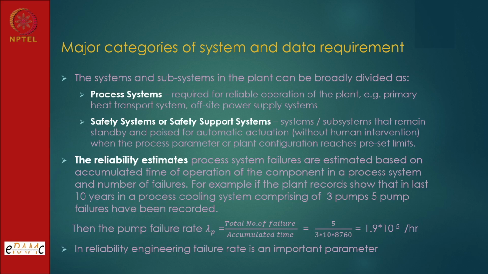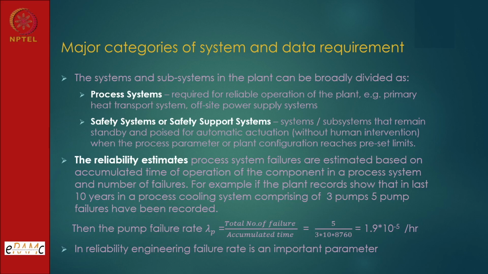There is a parameter called failure rate, and the notation is lambda. So I'll say lambda pump, P, that is the pump failure rate. How will I derive this information? From the total number of failures and the period of data collection.